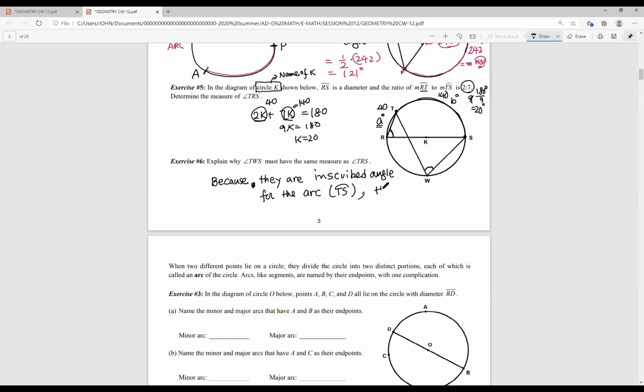They are equal. Okay? Because for the same arc on a circle, inscribed angles are always congruent, always.